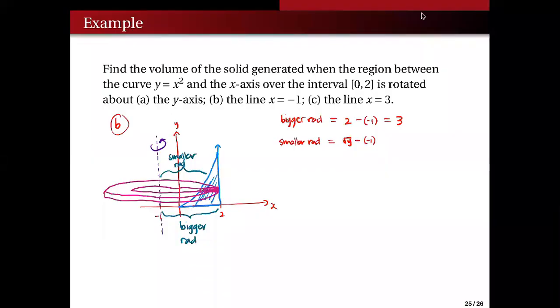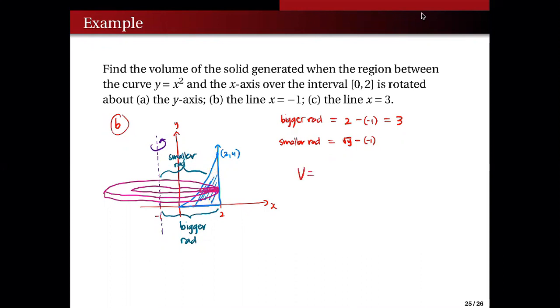And just like before, this is the point 2, 4. So the limits of integration will be from 0 to 4, because we still have horizontal strips. From 0 here up to the highest point, which is 4.